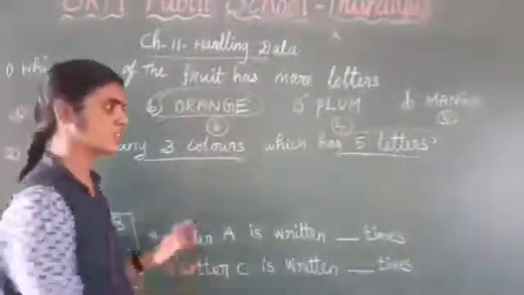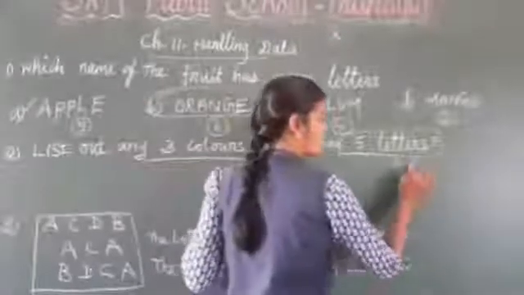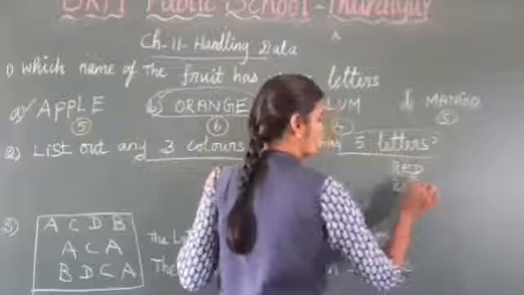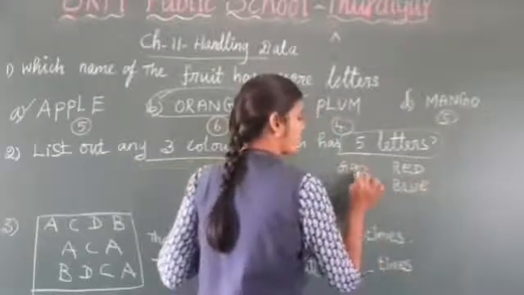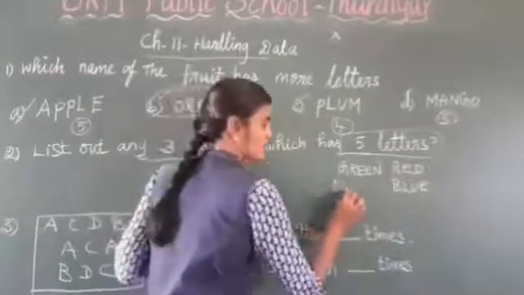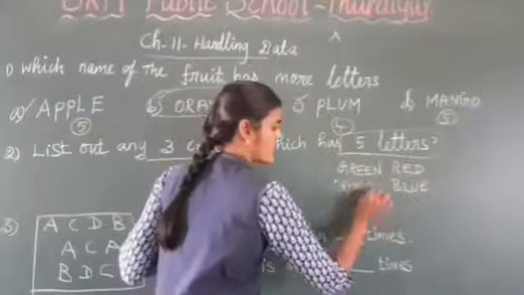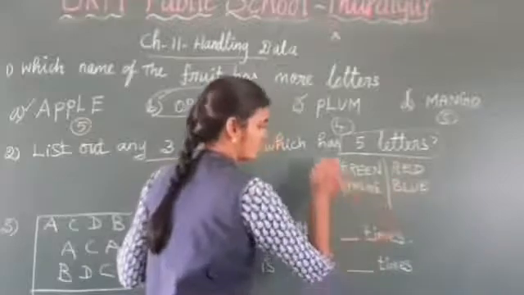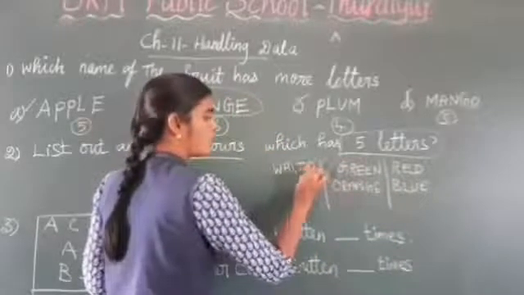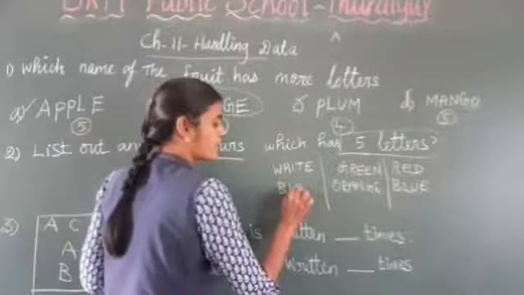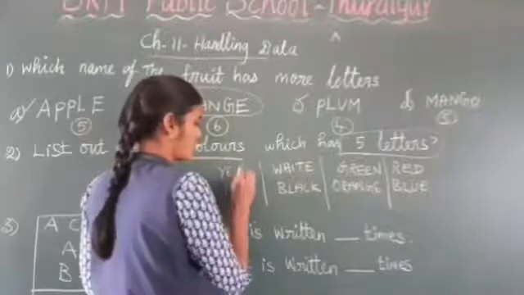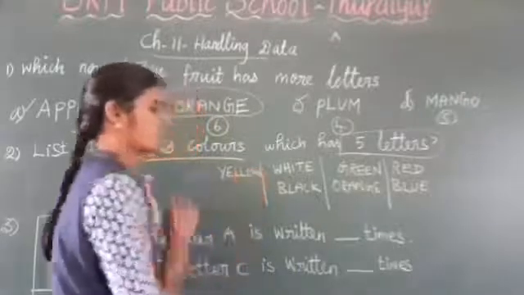From these colors, I am going to write here red, blue, green, orange. Next, what is the color? White, black, yellow. Enough, these colors are enough.